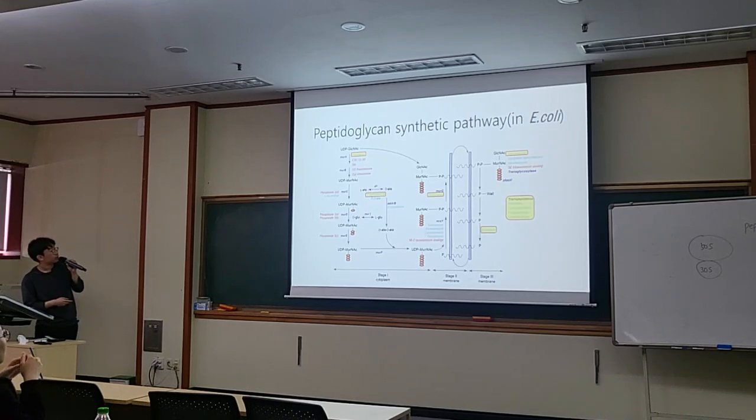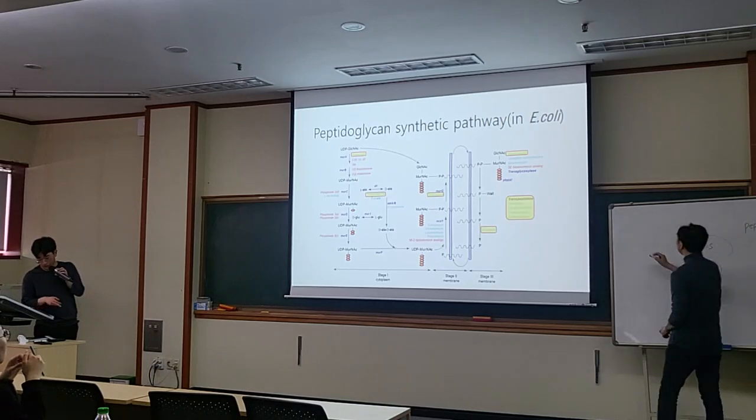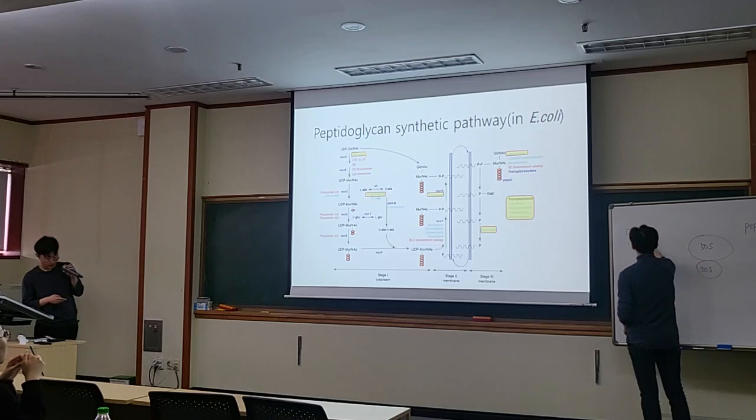And same classification, the D-cycloserine inhibits similarly. And bacitracin inhibits dimer formation, so it inhibits the PPIase. And penicillin inhibits the transpeptidase, so it inhibits the cross-linking step that connects chains.